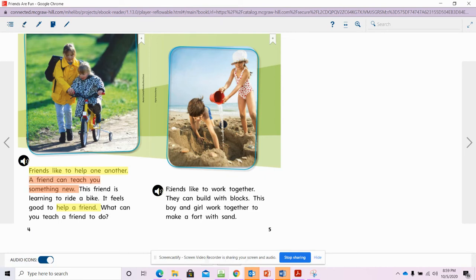Okay, let's keep reading. Friends like to work together. They can build with blocks. This boy and girl work together to make a fort with sand. Ooh, what can friends do together? Friends can work together.